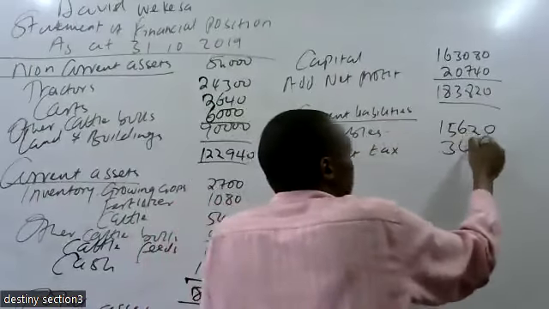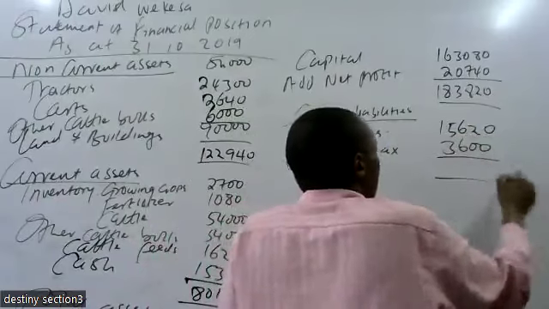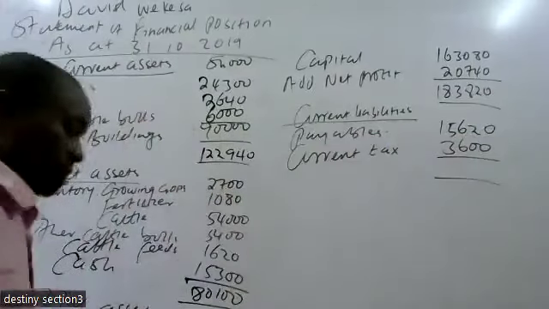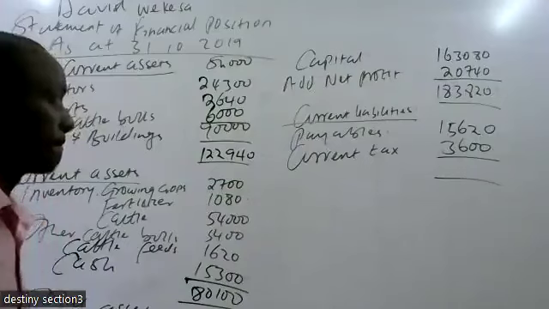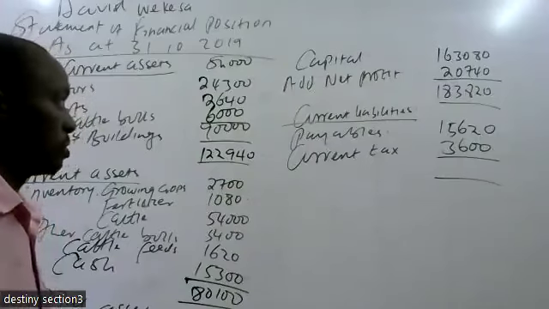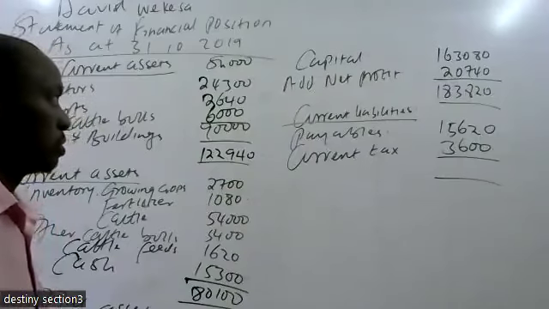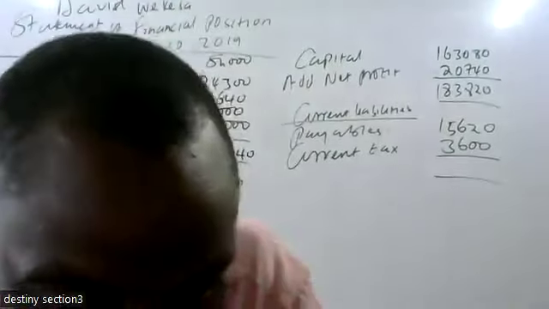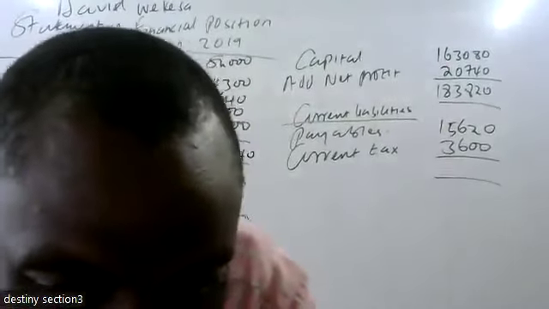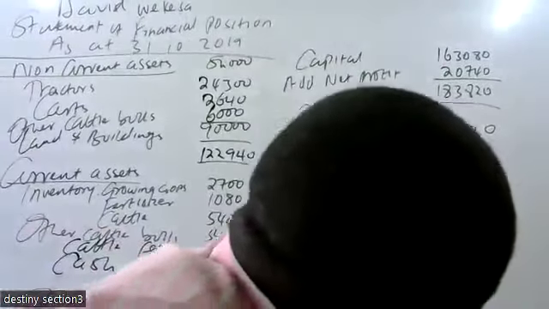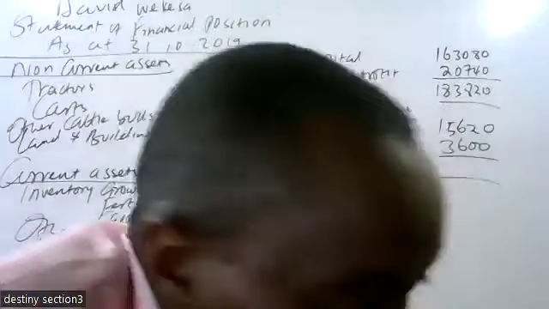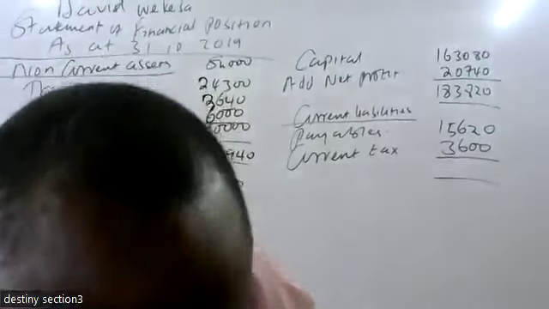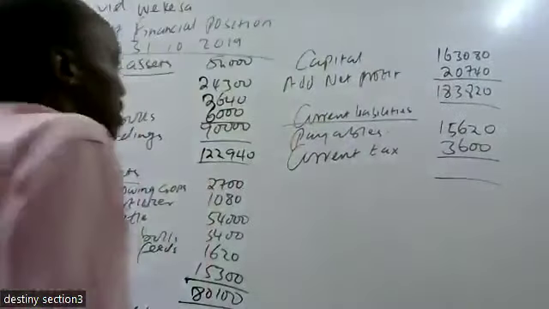I remember it was 3,600. Totals for the two figures, the subtotals for the two items. That is payables 15,620. Current tax, I can remember, it is coming to 19,220.